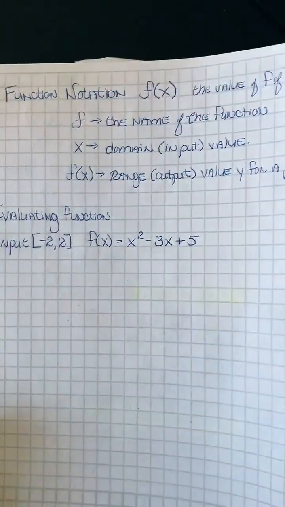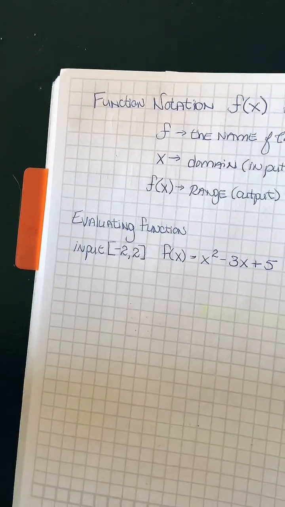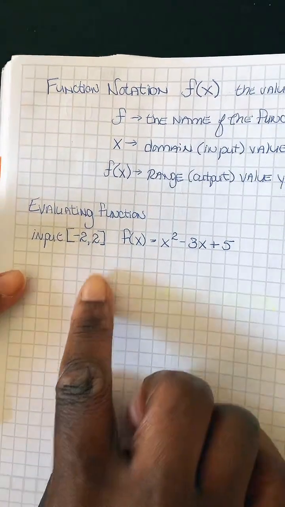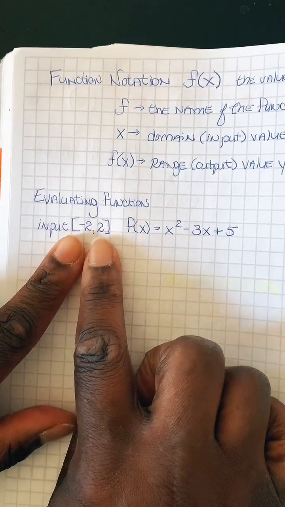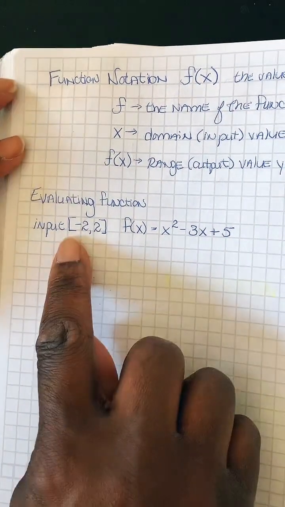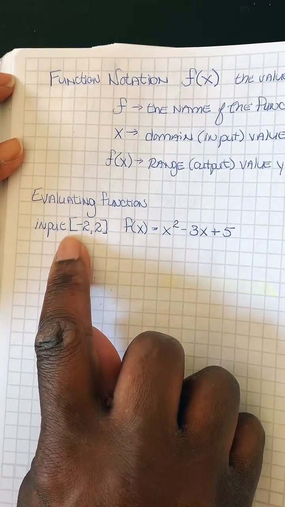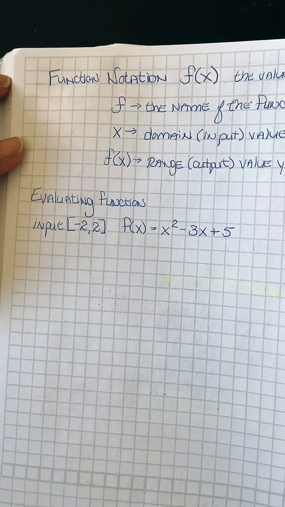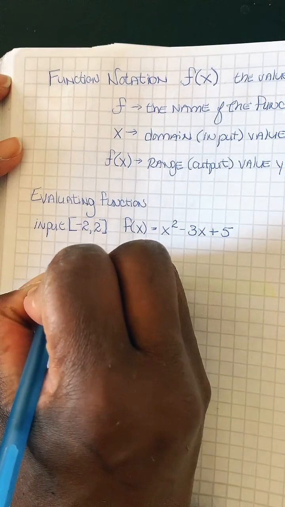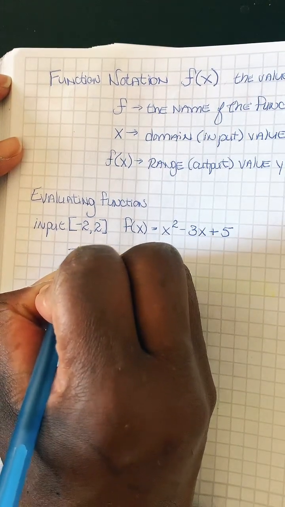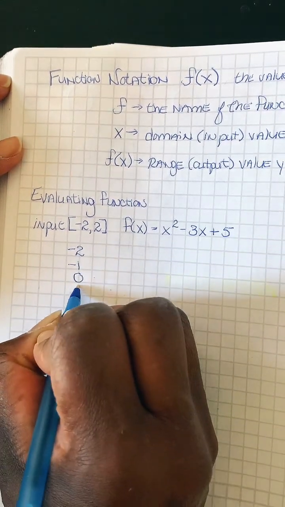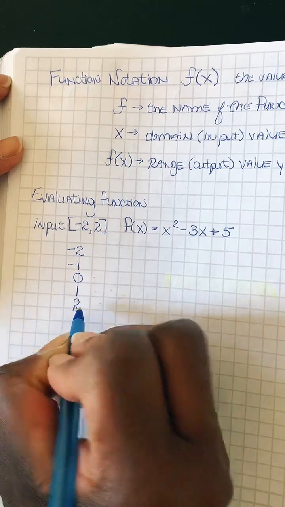All right, so when we are evaluating a function, we're going to have some input. We're going to have some x values. So I'm saying my x values, I'm going to substitute with a -2, -1, 0, 1, and 2.